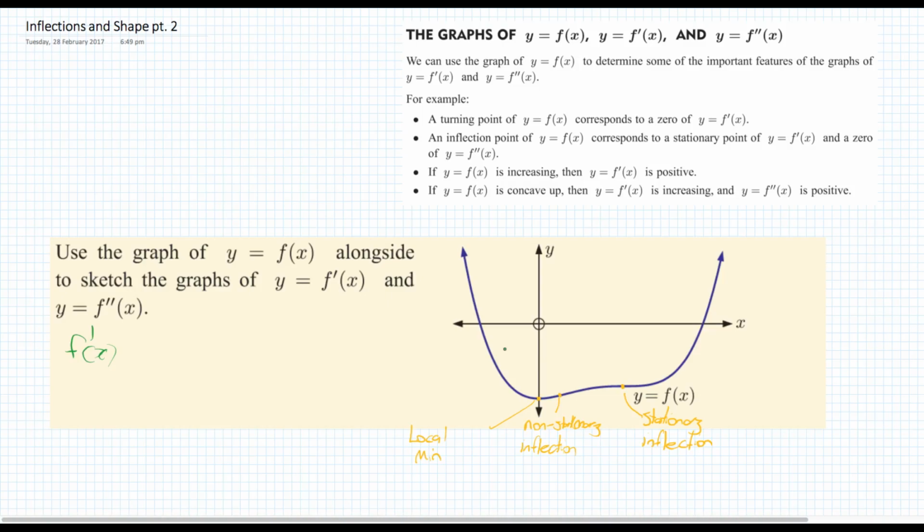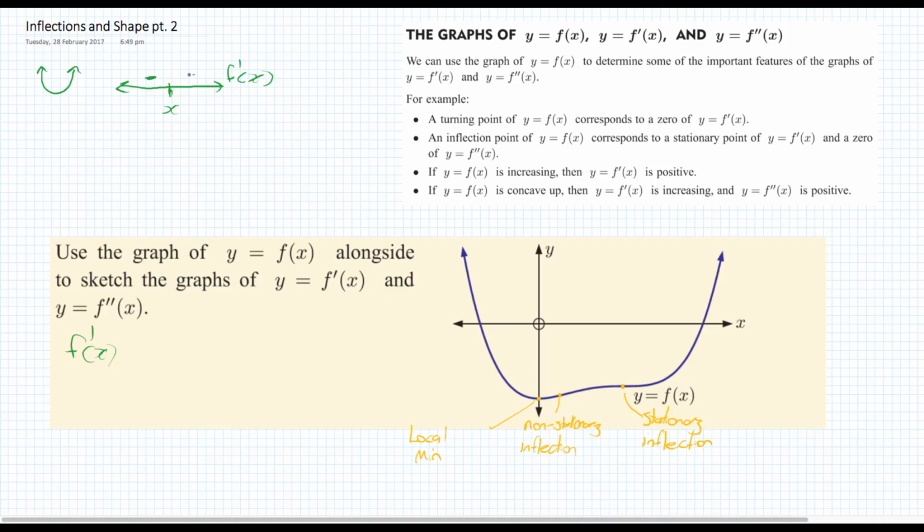So let's do a scribble up here. For a local minimum, which looks something like that, our sign diagram of f'(x), we have our point here, x, is going to be negative, positive.